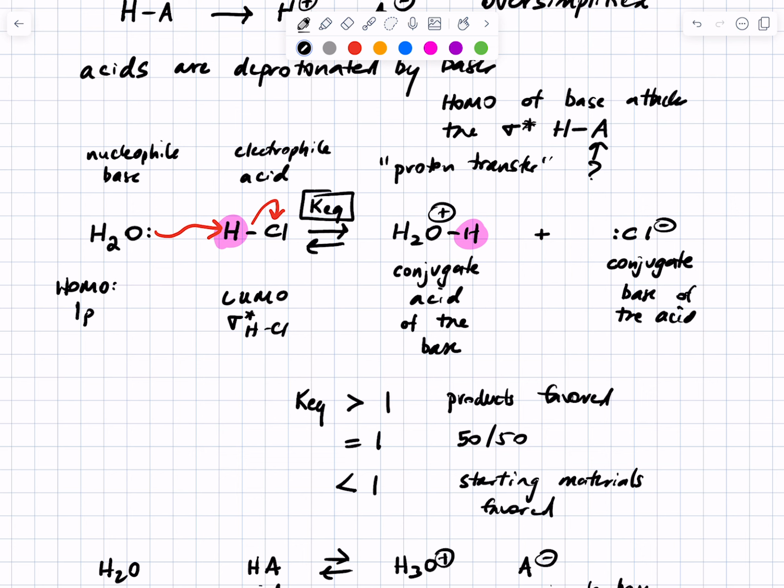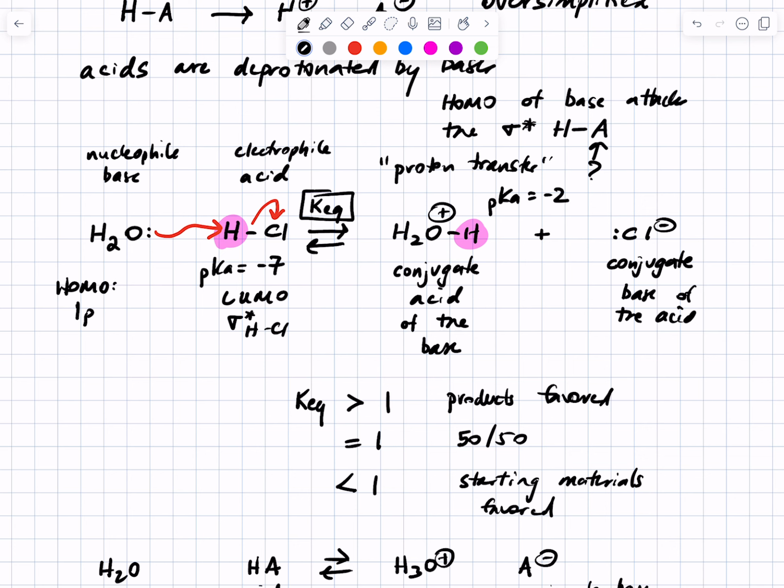equilibrium. For example, you can look up the pKa of HCl, and if you do, it is -7. You can also look up the pKa of H3O+, and if you do, it is -2. To compare which side's going to dominate at equilibrium, you identify the acid on one side of the equation and the conjugate acid of the base on the other side, and you just ask which acid is stronger.